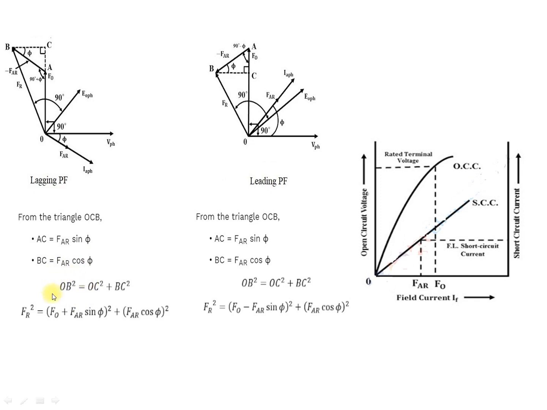From this we can find out that OB square is equal to OC square plus BC square. So what is OC square? OC square is equal to F naught plus FAR sin phi. So this is going to be this line, F naught plus FAR sin phi, the whole square, plus FAR cos phi, the whole square. This is how we will be finding out the new value of IF1 from this particular FR.